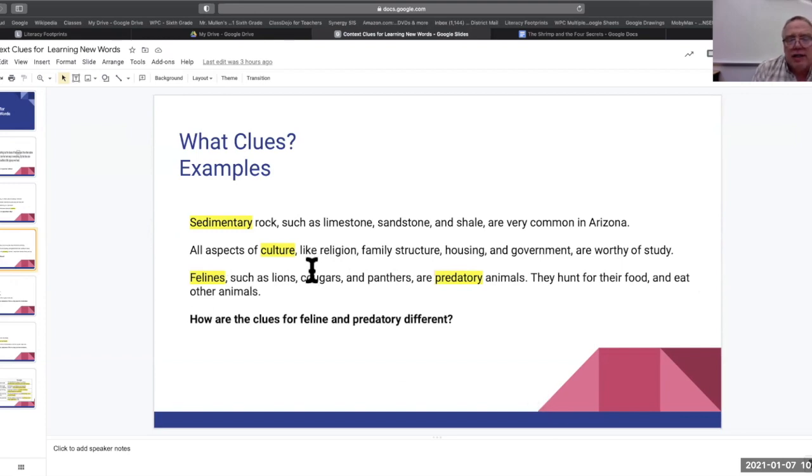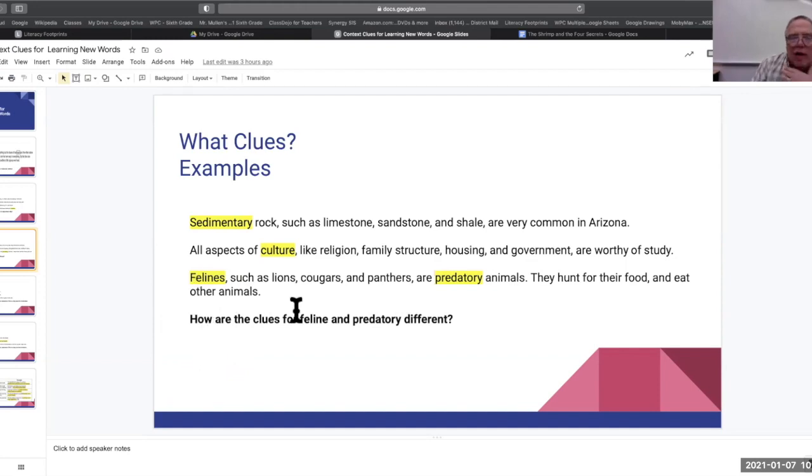So do you see the examples? They are all giving examples of culture. Felines such as lions, cougars, and panthers are predatory animals. They hunt for their food and eat other animals.